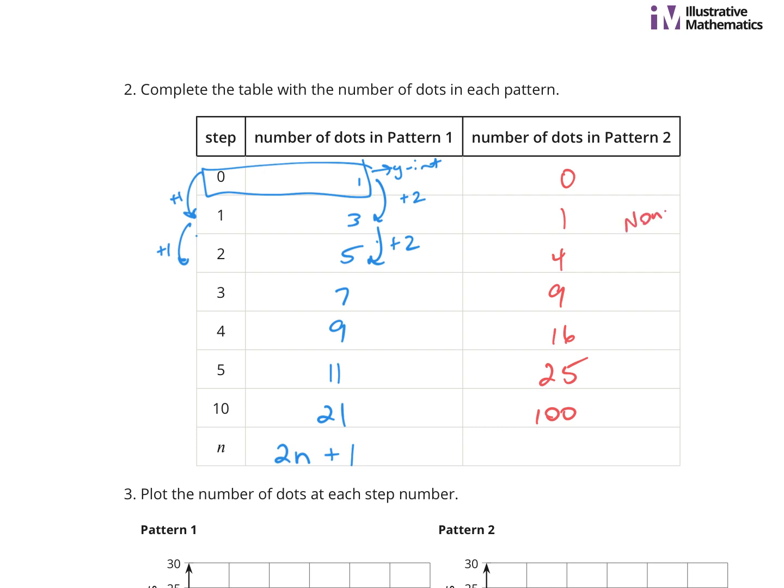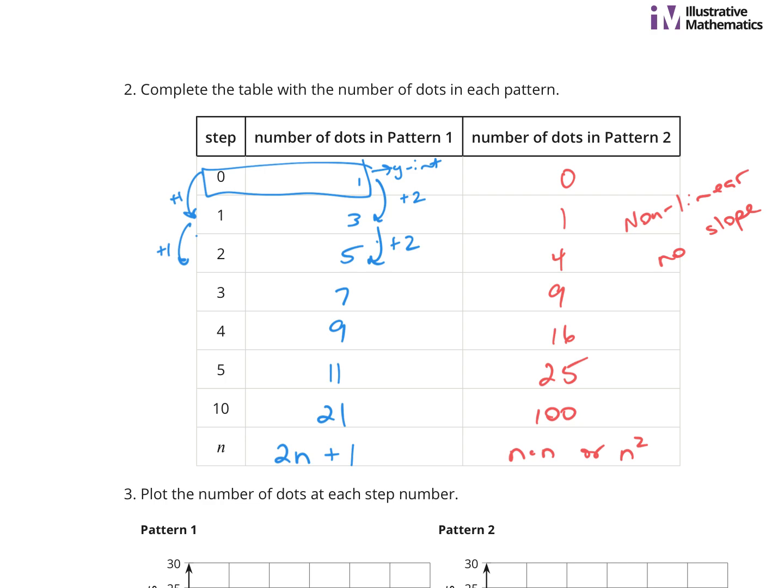This is non-linear, meaning there is no slope. So remember, we talked about that, right? There's only slope for linear equations or linear expressions. So we have to think about how we could represent this for any given step number. So if our step number is n, to figure out the number of dots, we're just doing n times n. Or another way to write that is n squared.